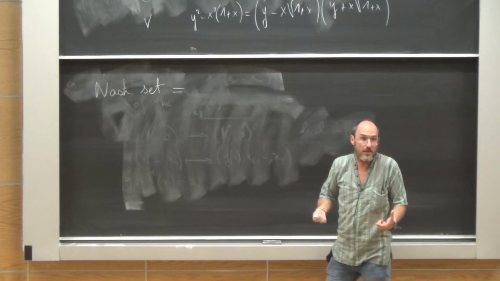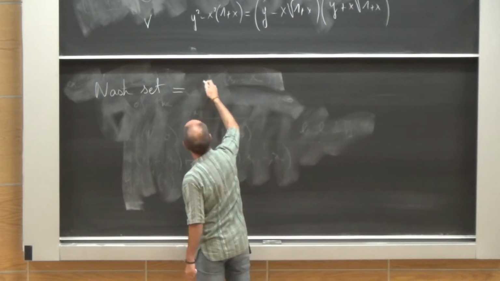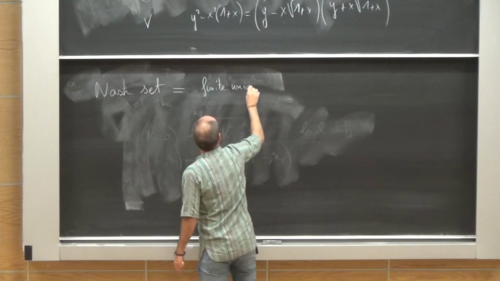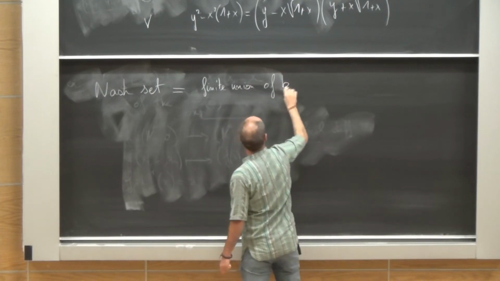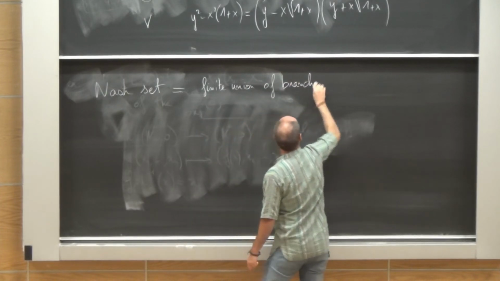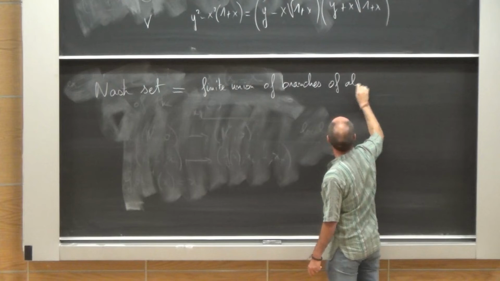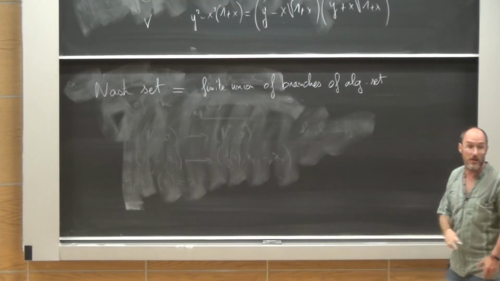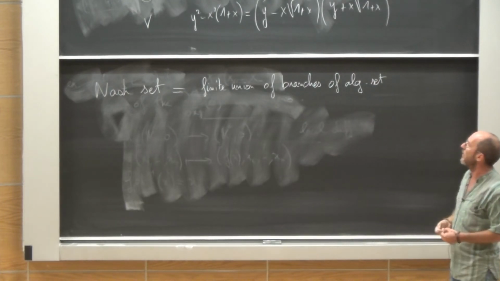And in general, a Nash set is just a finite union of branches of an algebraic set. So what is a branch of an algebraic set or an analytic set?